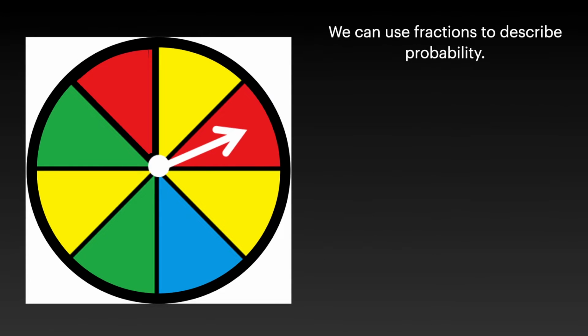I also want to use this spinner to talk about how we can use fractions to describe probability. We just finished up our fractions unit, so I know that you will all be experts here. Now, looking at the yellow on the spinner, I see that 3 spaces are yellow.